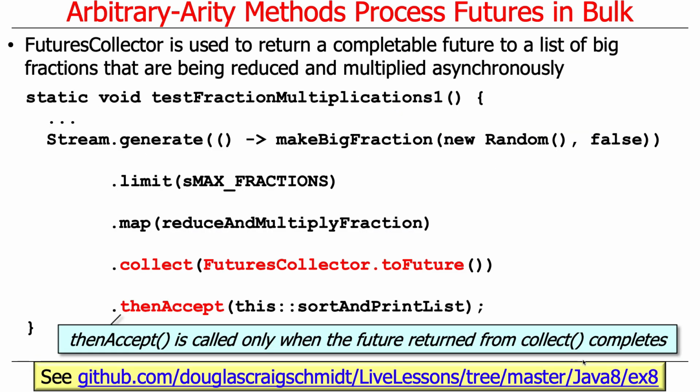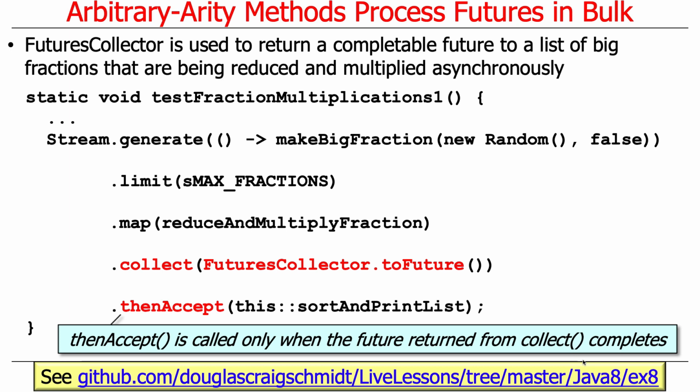In particular, you can see here that what comes out of collect, because of this futures collector, is a completable future to a list of elements of type T, where those elements are going to be the reduced and multiplied big fractions.